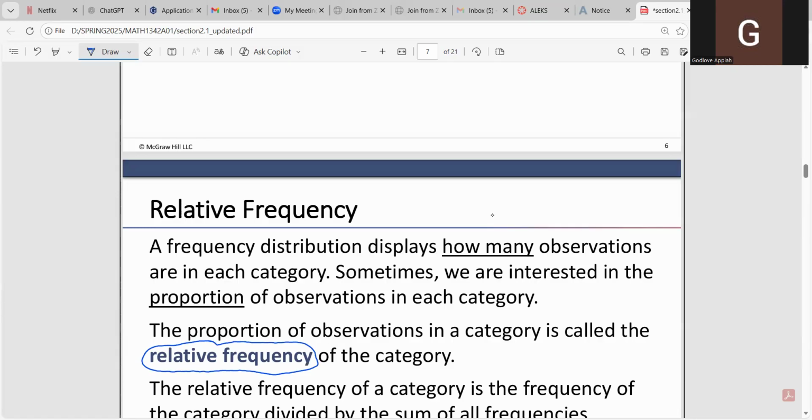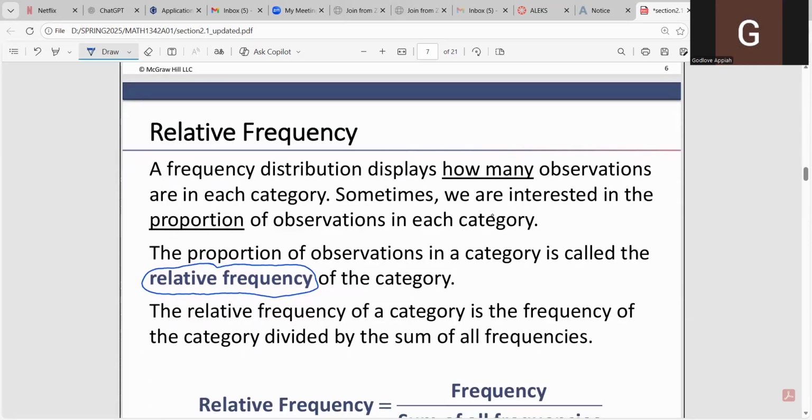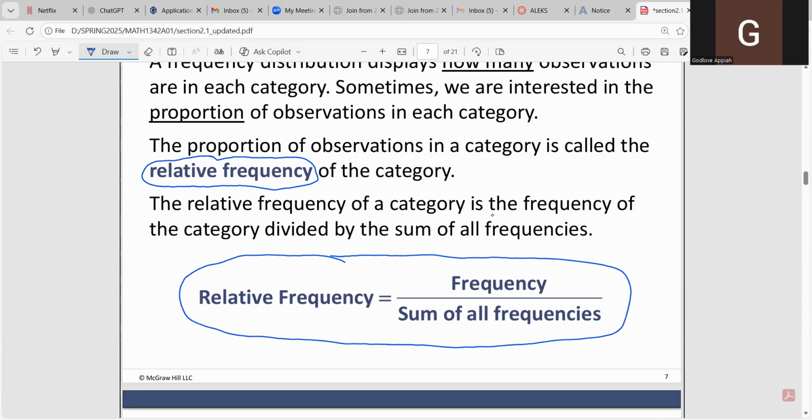A relative frequency of a category is the frequency of the category divided by the sum of all frequencies. So that leads us to a formula that we would use to compute the relative frequency of any category in a qualitative data set. The relative frequency is equal to the frequency of the category divided by the sum of all frequencies.